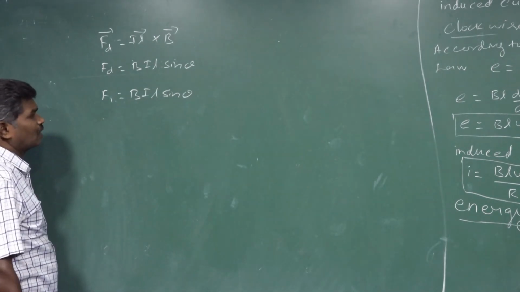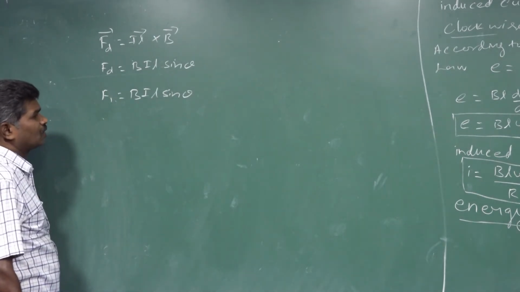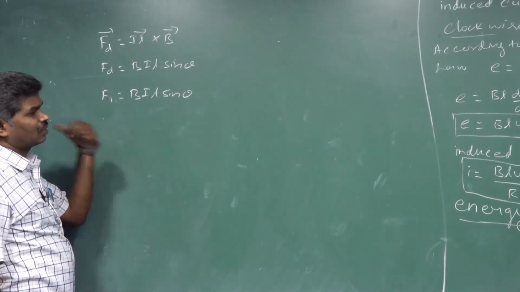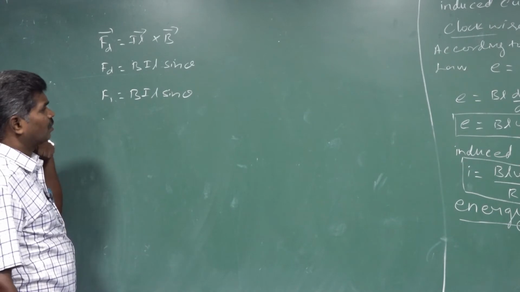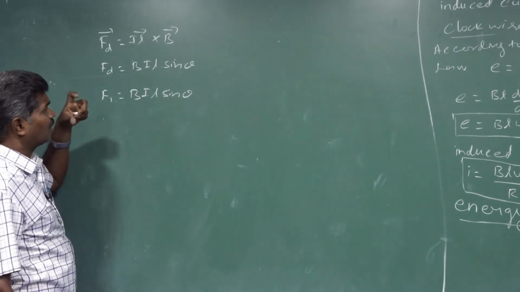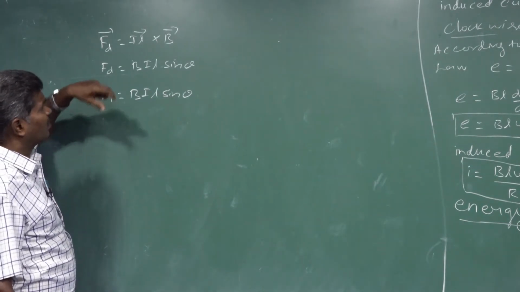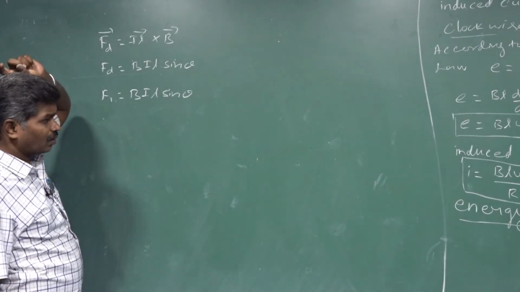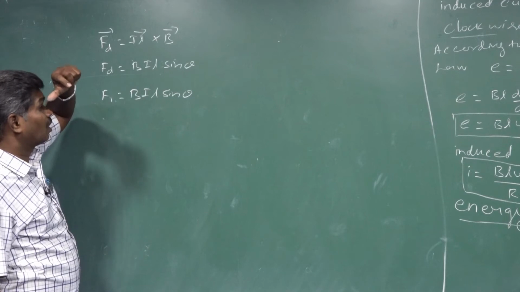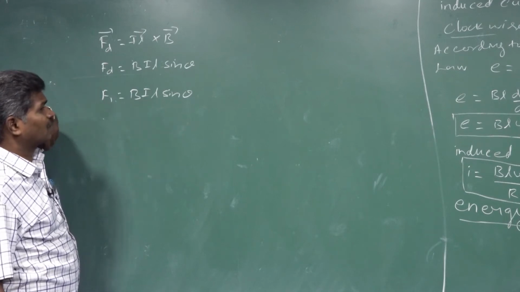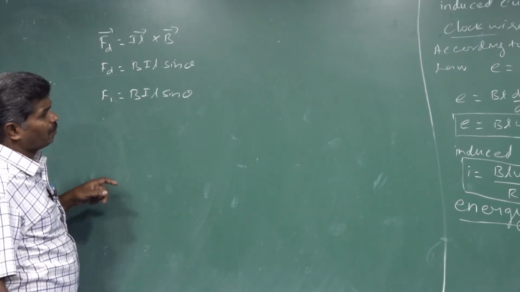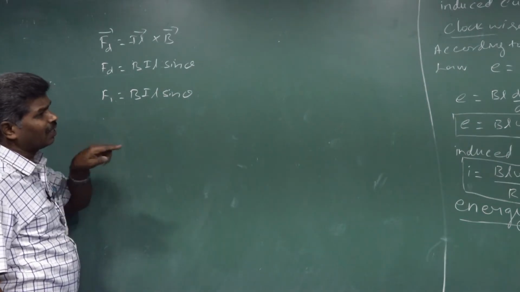What is the value of theta? The force acts towards the left, but we want the angle between the current element and the magnetic field. On the left side current element, current is flowing in an upward direction, but the magnetic field is acting in an inward direction.